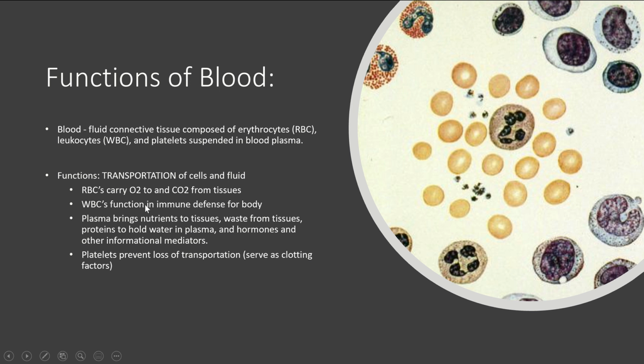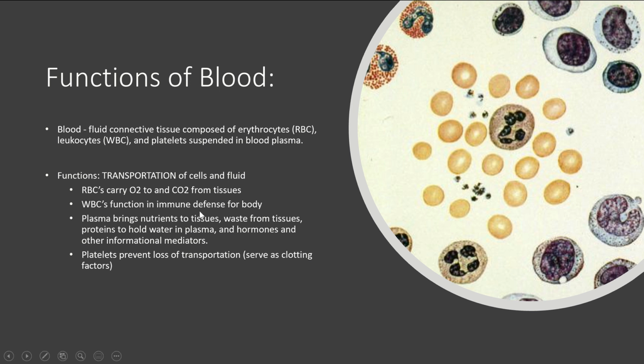But we need more oxygen to our tissues to continue to create ATP, to create energy. And CO2, carbon dioxide, is going to be that waste product that needs to be carried away from tissues in order for them to continue to function. Okay, and then your white blood cells, so your leukocytes, are mainly going to function in immune defense, right?